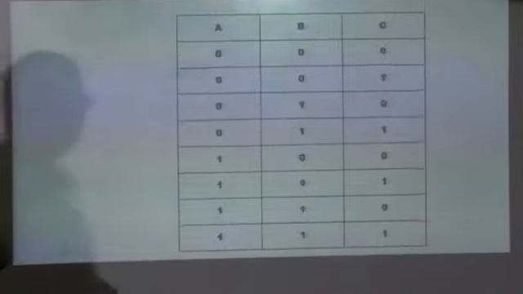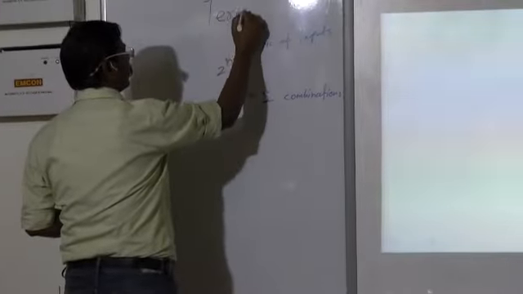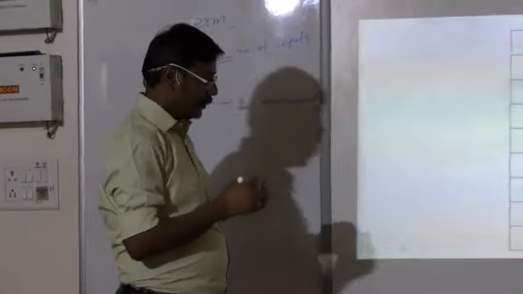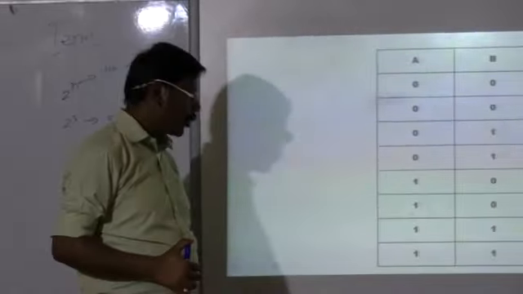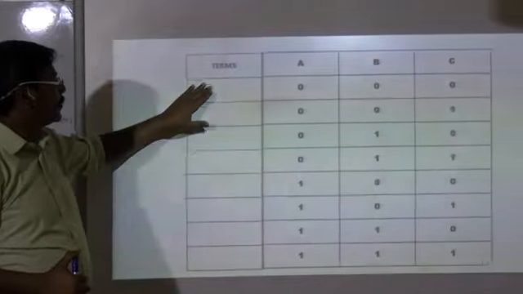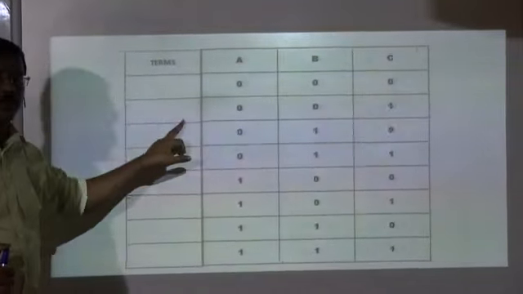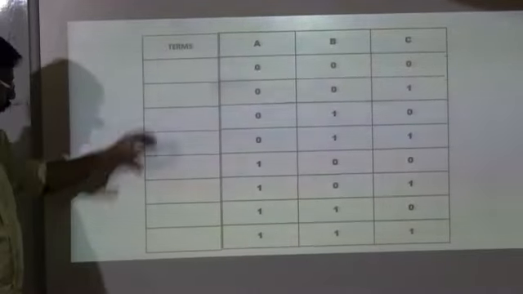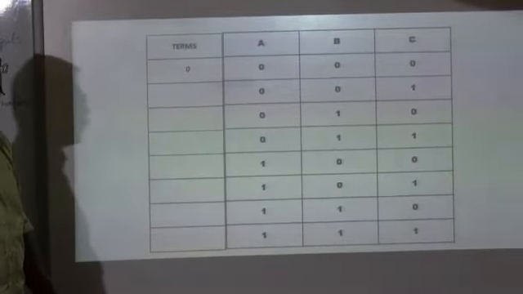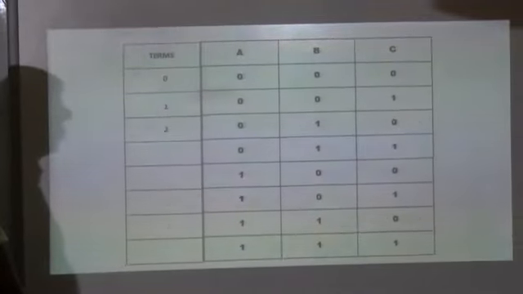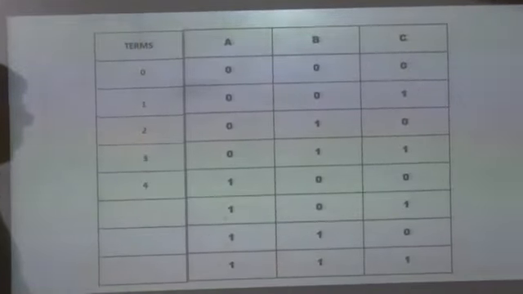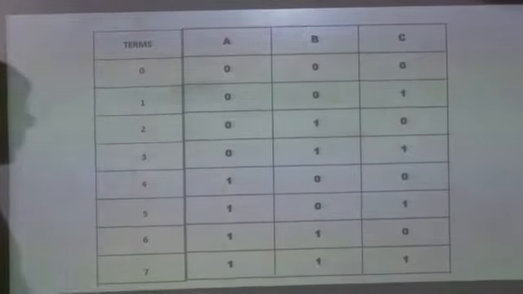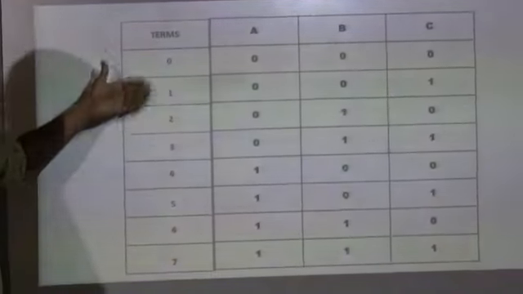Now let's learn about the terms. When we are in the truth table and we talk about the terms, terms will refer to the row numbers. Like here, the first row is term 0, then 1, 2, 3, 4, 5, 6, and 7. 0 to 7, that is 8 rows, so 8 terms.